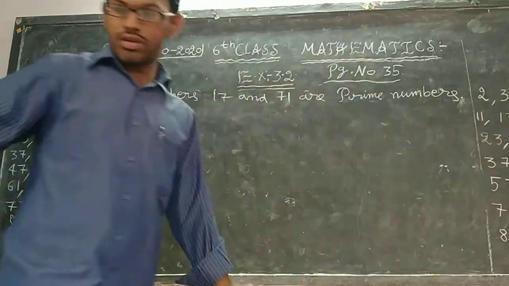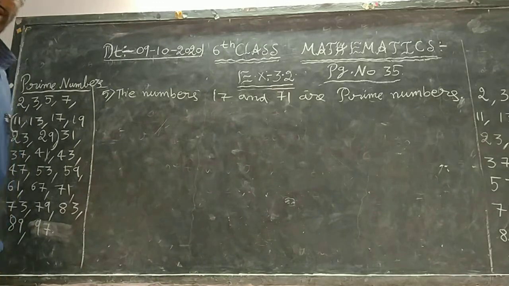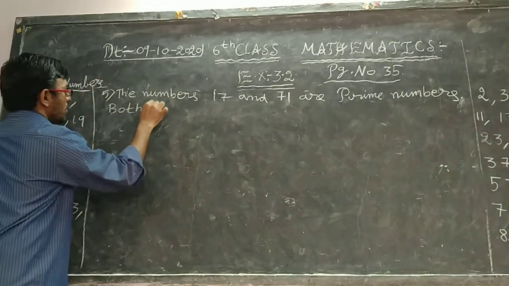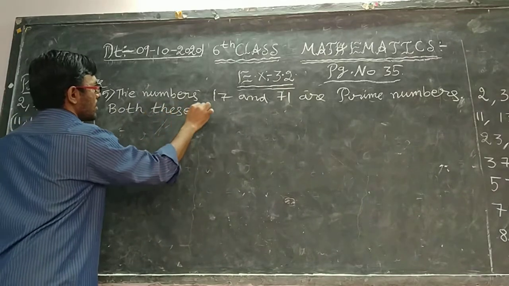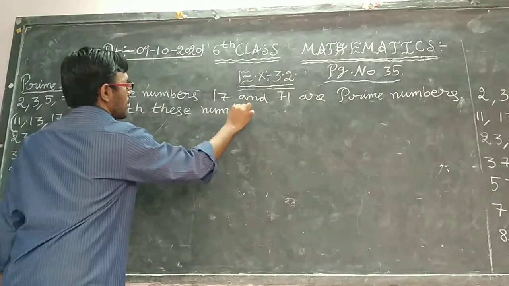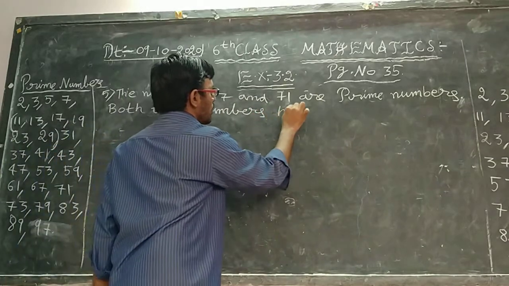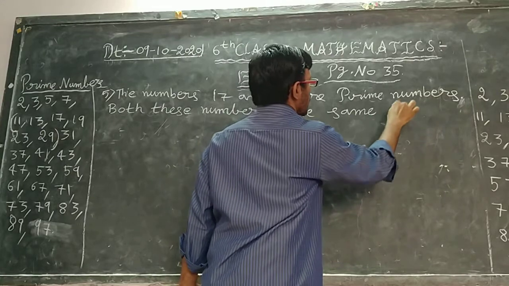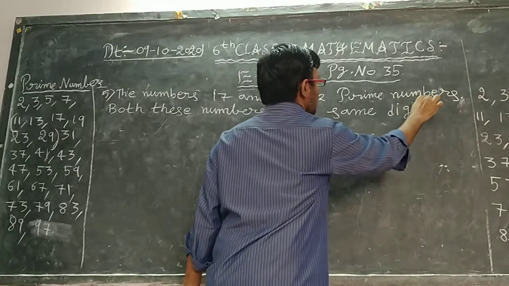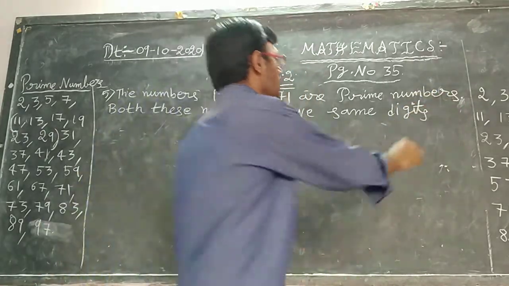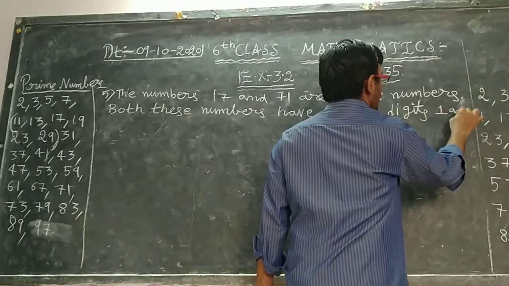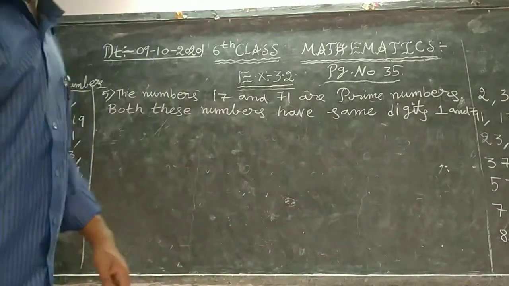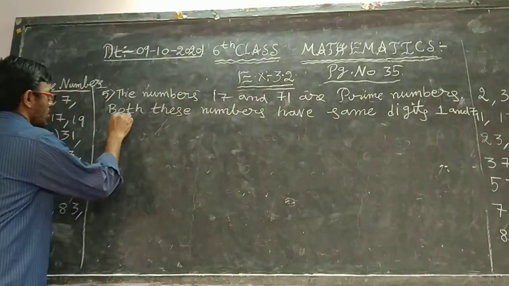Next, both these numbers have the same digits. Same digits, that is 1 and 7. Okay, 1 and 7. Next, find two more such pairs.